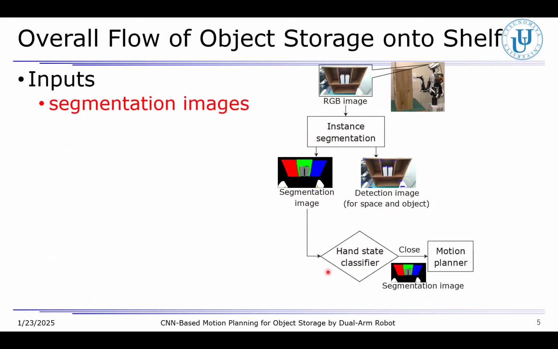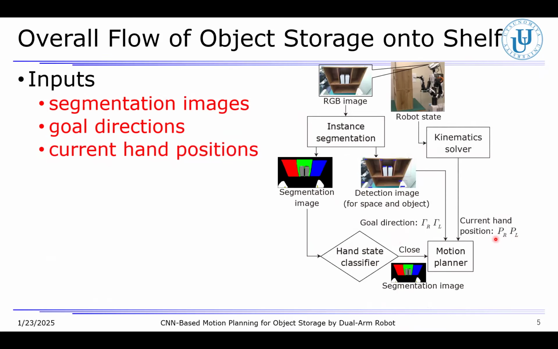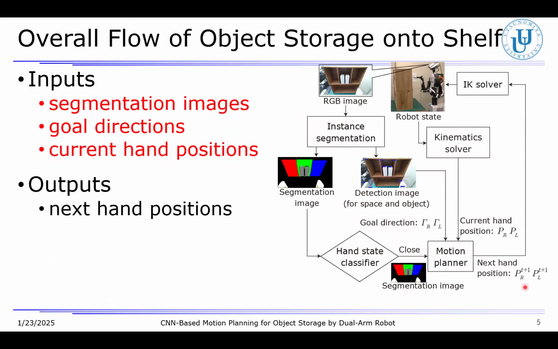So if the hand state is classified to close to keep grasping, the segmentation images are again used as inputs to the motion planner. And in addition to these images, goal directions calculated from the detection images are used as input. Moreover, current hand positions are also used as input.